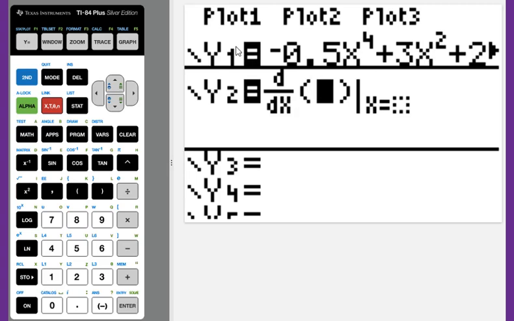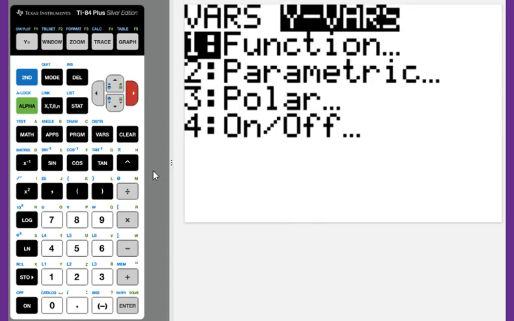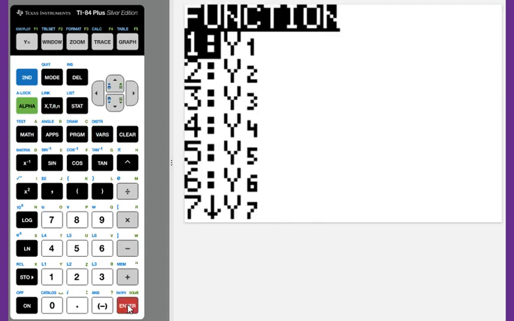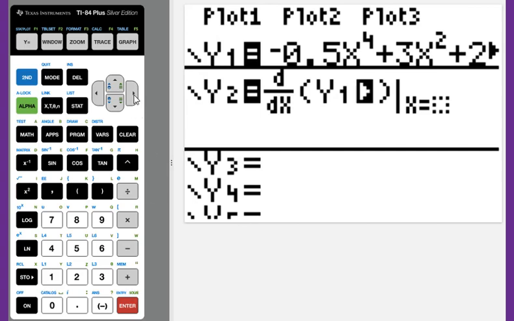We do the derivative of y1. So we go to variable, y variable, get the y1. Then x equals x. This will be the first derivative of y1, which means it's the slope of a tangent line.